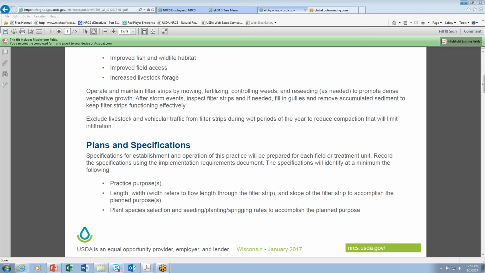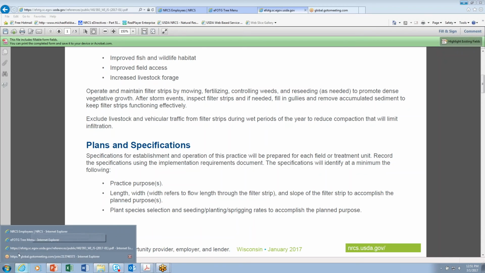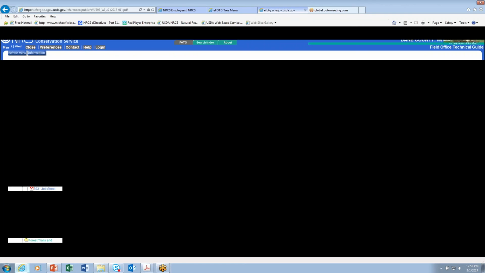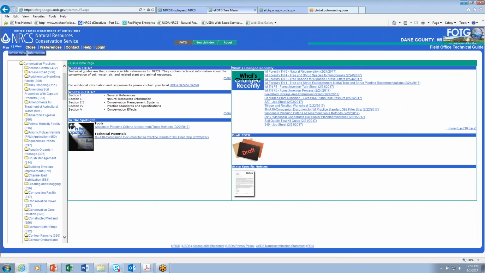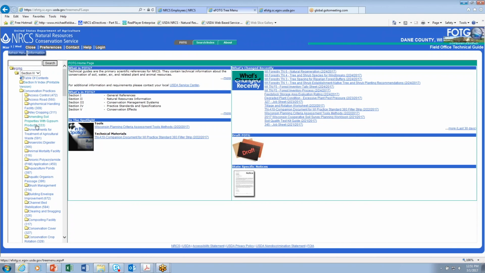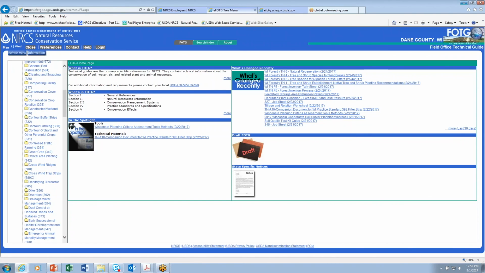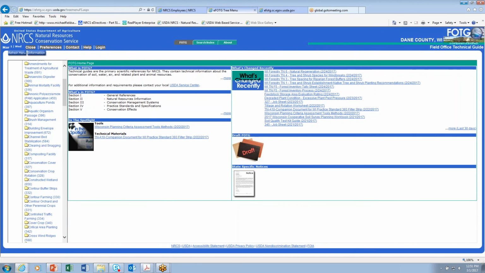Jan Kutcher just asked if there's some tech notes locations. Yes, I'll go through that again because I don't want anyone to miss this, but everything is in the Field Office Tech Guide, Section 4. And again, the practice standards themselves are there.